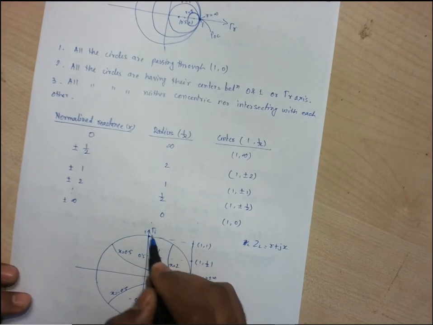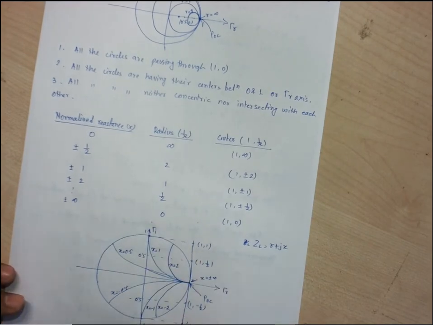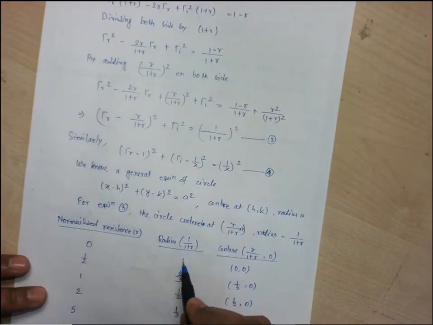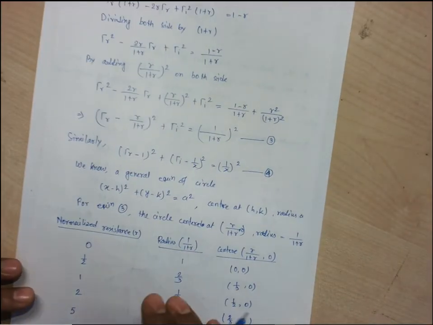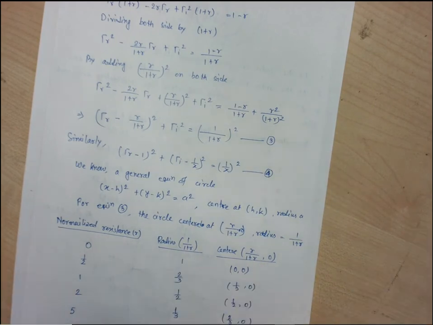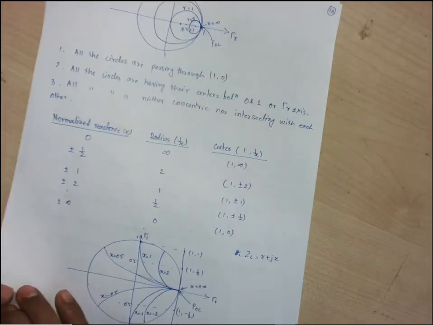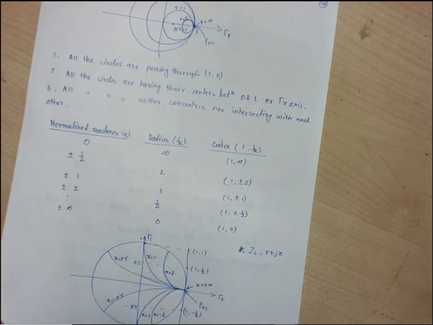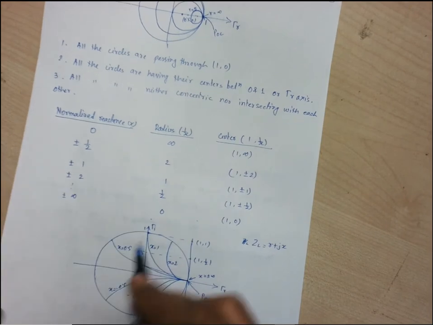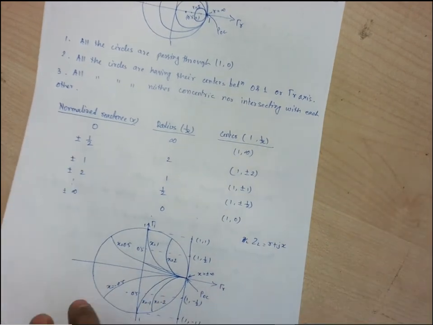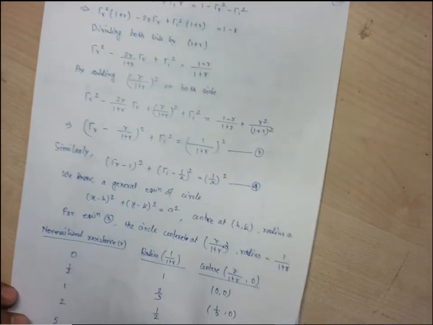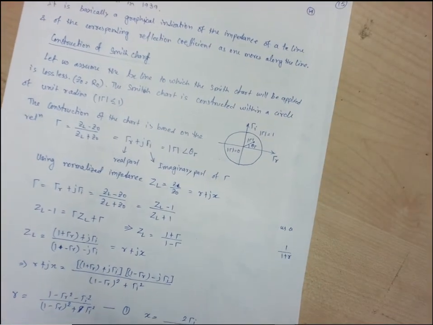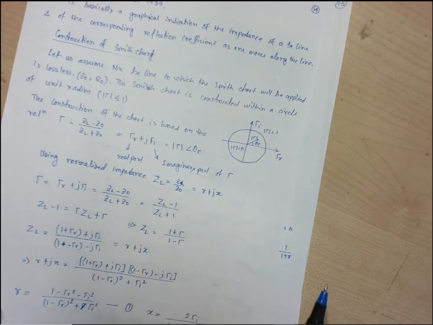If we have some other circle with some other radius value, then obviously we can have a resistance value which is not equal to 1 but beyond that. So obviously a radius beyond 1 is not possible. Then if we have certain reactance at this point, we wouldn't have any existence of that curve, because we can't go beyond that resistance value, because we have already normalized our impedance with respect to the characteristic impedance.